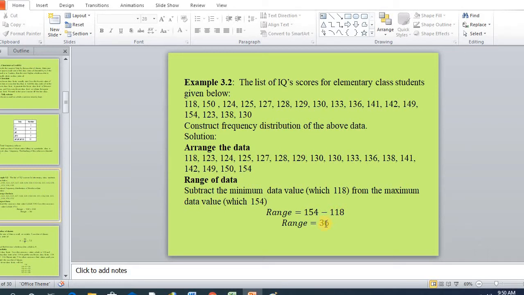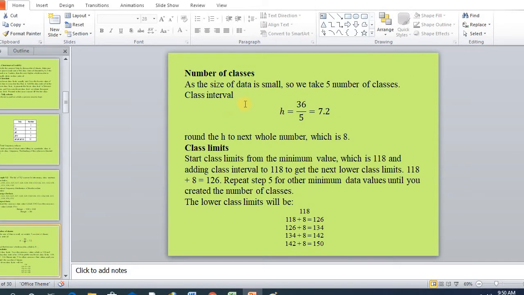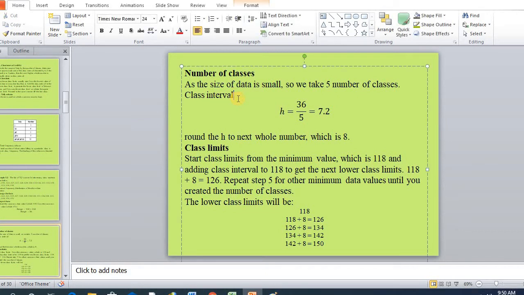This is the range. Now we decide about the number of classes. As the data size is small, we take 5 classes. Generally, we take classes from 6 to 15, but just to explain the concept of frequency distribution, I take the number of classes as 5.